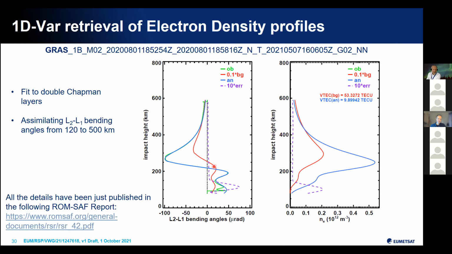Again, the 8 parameters in this case of the 2 Chapman layers can be used to deduce the electron density profile. These results have just been published. This is a really interesting result, and we are looking forward to this kind of approach in the future. By the way, this will be included in the next radio occultation ROPP software that was described yesterday by Ian.